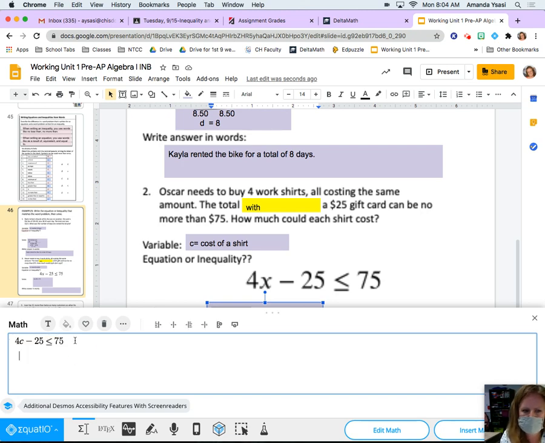So in order to solve it, we would do plus 25 to both sides. And we get 4C is less than or equal to 100.